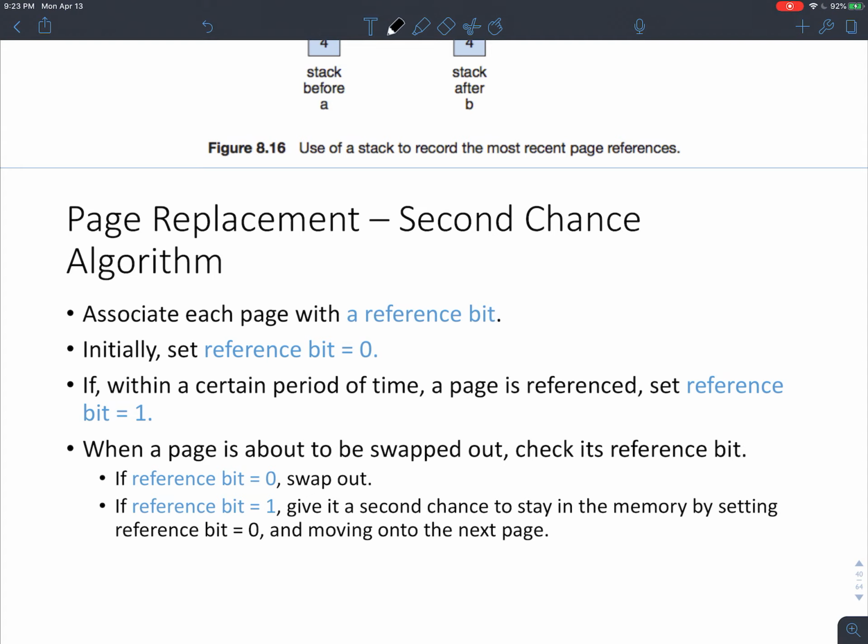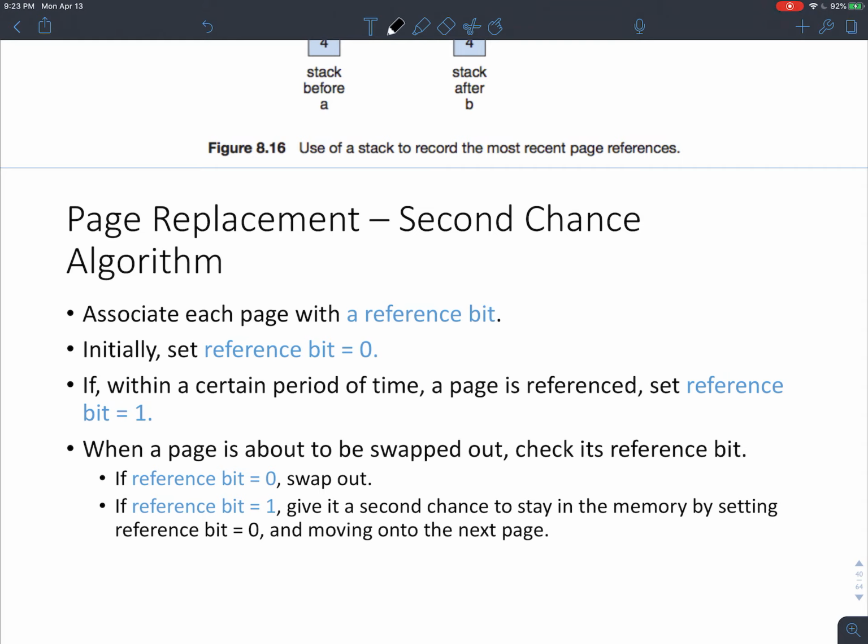This algorithm is pretty much like round robin actually. The idea is to associate each page with a reference bit. Initially we set the reference bit to 0, and if within a certain period of time this page has been referred to, then we set it to be 1.